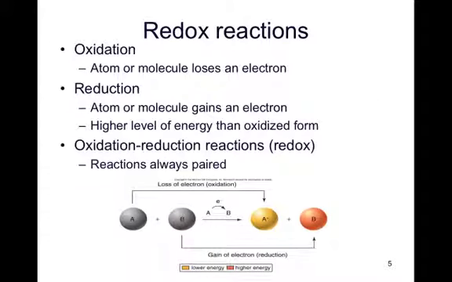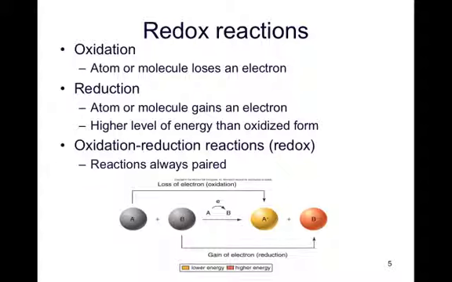Now you'll probably recall redox reactions from an earlier chapter this semester, so this should be just a review of oxidation and reduction. Oxidation and reduction reactions are always paired, and thus we call them redox reactions. Oxidation, you'll recall, is when an atom or molecule loses an electron, and reduction is when it gains an electron.